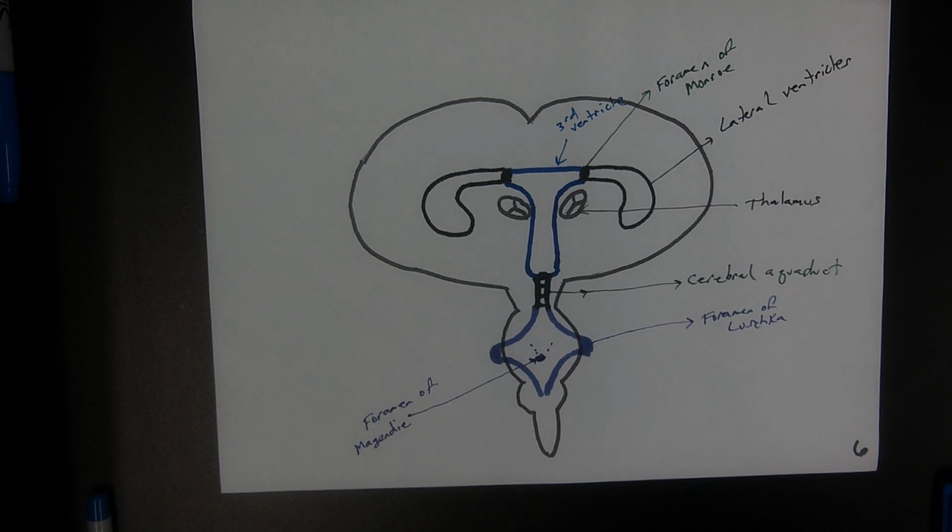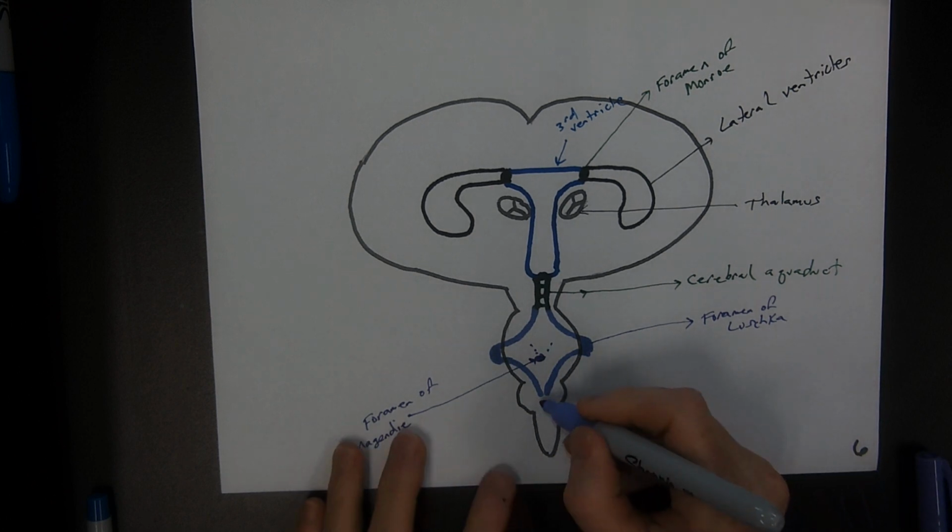Okay, foramen of Luschka, foramen of Magendie, and then continuing on down, this is just the central canal.